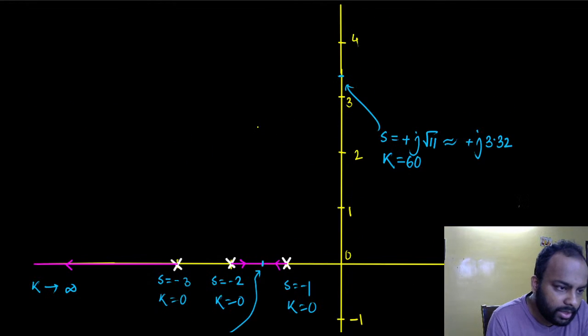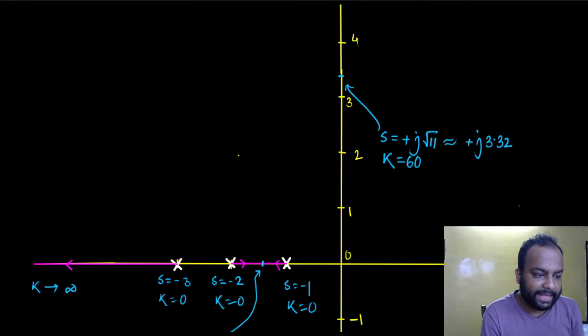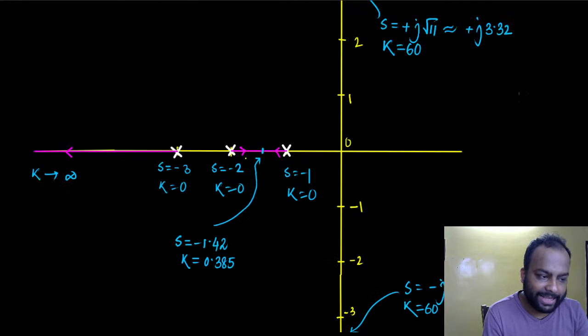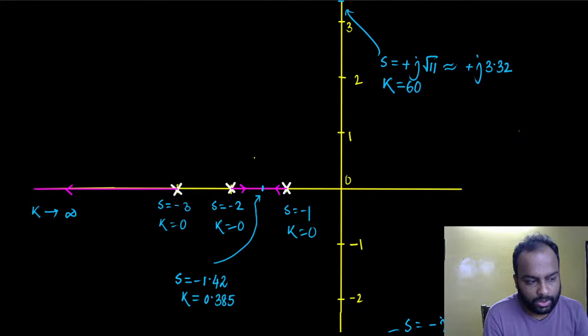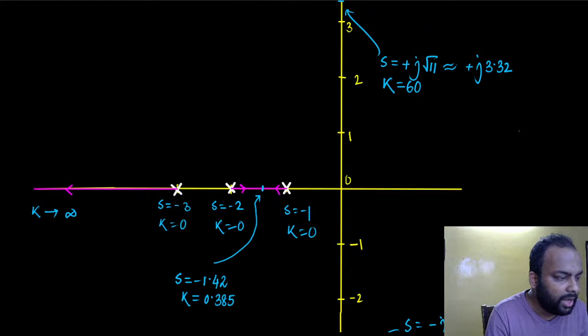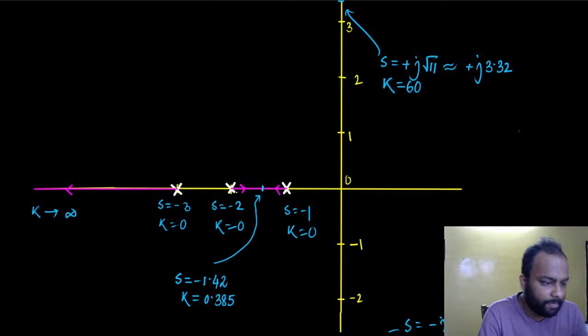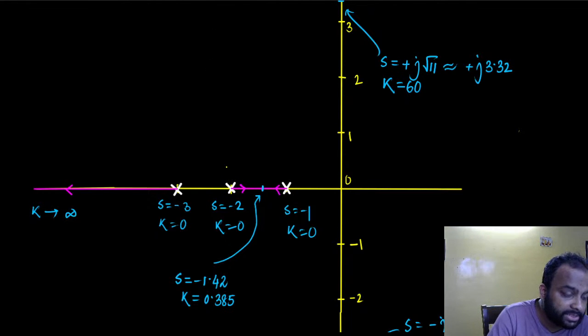I'm saying that the asymptotes would originate at s equal to minus 2. Now this is kind of a fortunate or unfortunate thing, depending on how you look at it, but keep in mind that the asymptotes are originating from this very location of the pole.